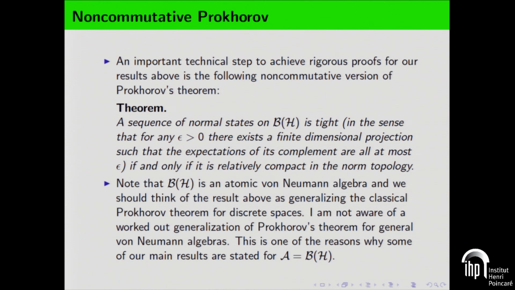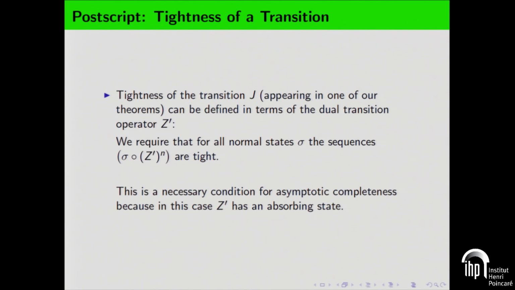I'm not aware of a worked out generalization of the Prokhorov theorem for general von Neumann algebras, and I think that's one of the reasons why we state some of our main results for B of H. So there's some work to do.